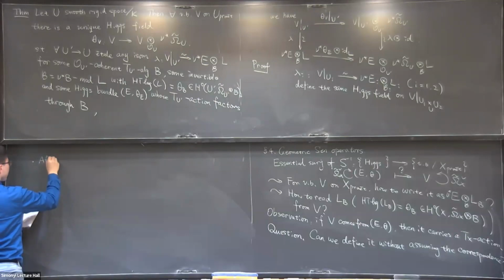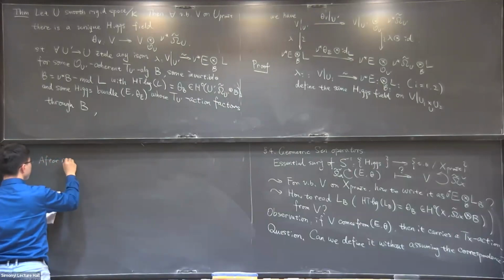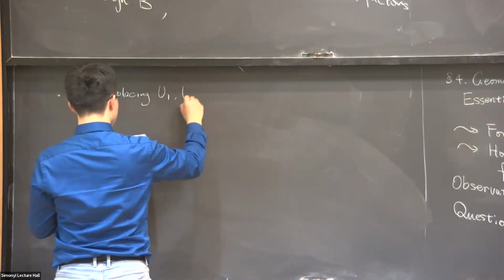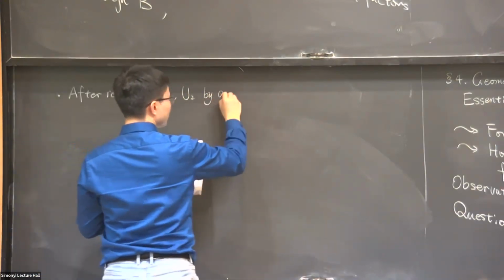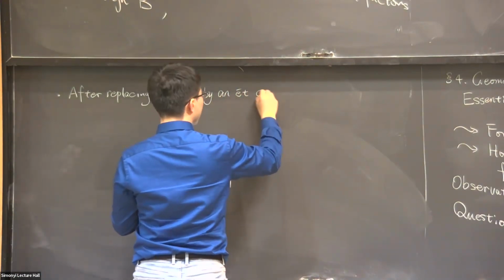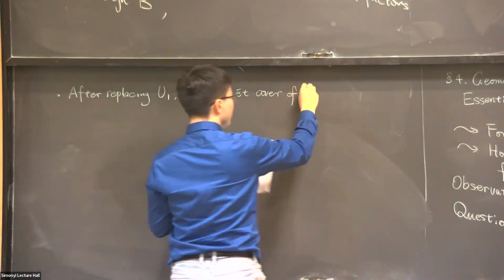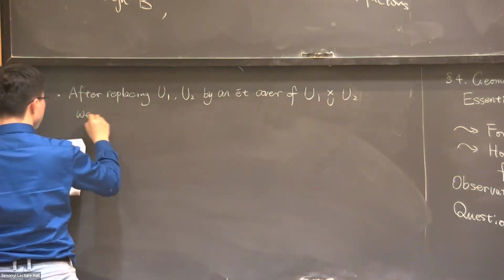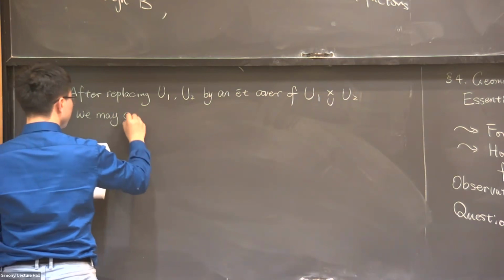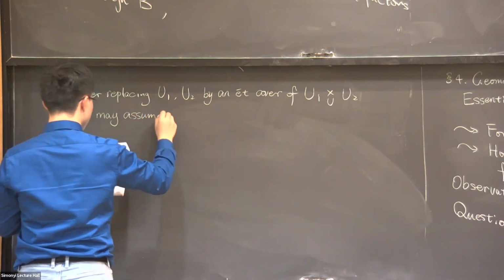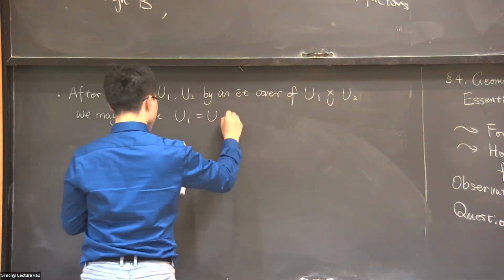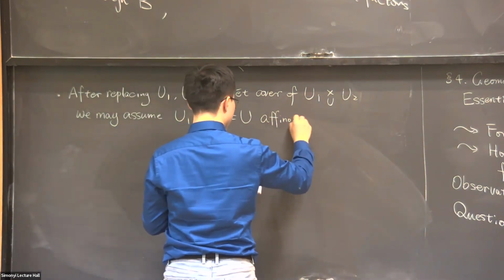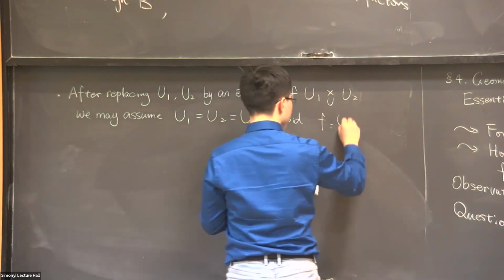So first we make some simplifications. After replacing U1, U2 by a p-adic cover of this thing, we may assume that U1 is equal to U2 equal to U, and they are affinoid with a toric chart.